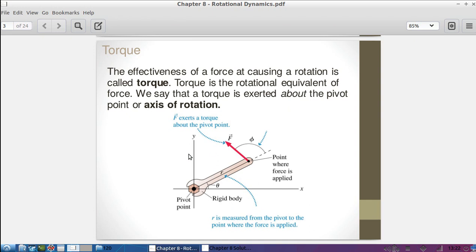Chapters 1 through 5, if we were dealing with a force, it was pointing in the x and or the y direction, right? Some combination of the two. But it resulted in the linear motion of some object.